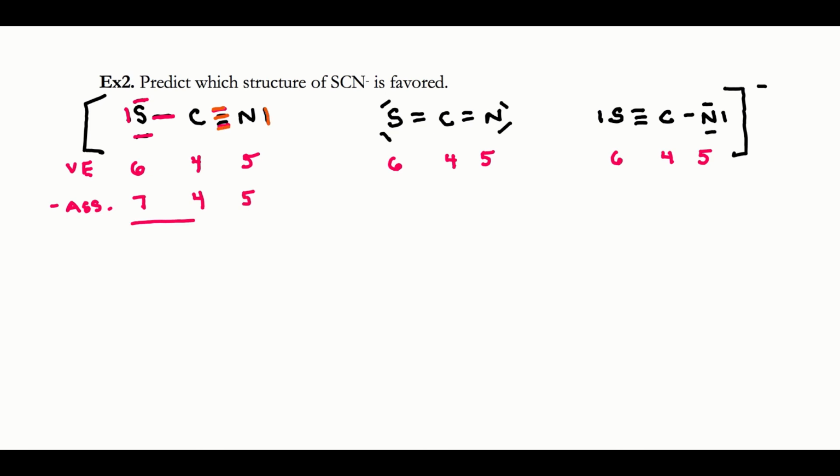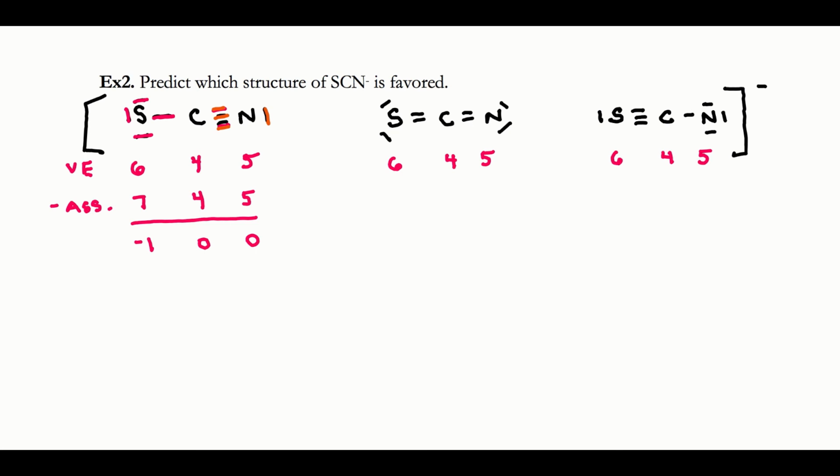So now I'm going to subtract. 6 minus 7 is -1. 4 minus 4 is 0. And 5 minus 5 is 0. So notice that if I added all my formal charges together for this molecule, the overall charge is -1, which is consistent with the fact that SCN- has a -1 charge. So the sum of all the formal charges should be -1.